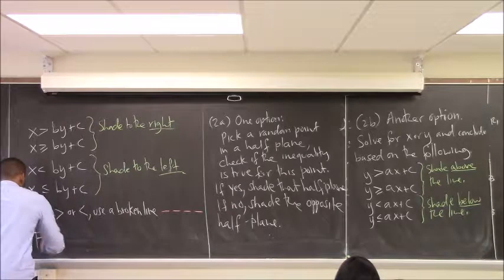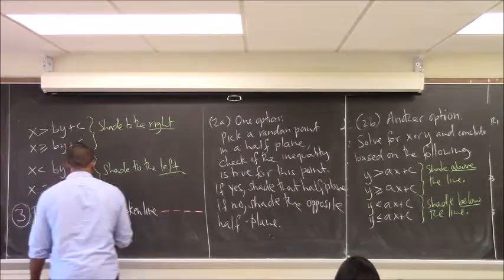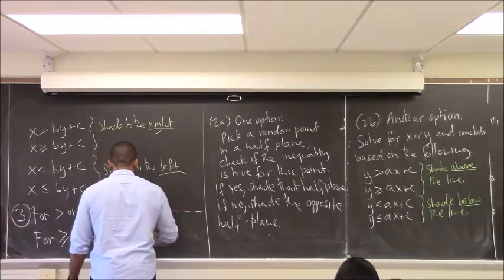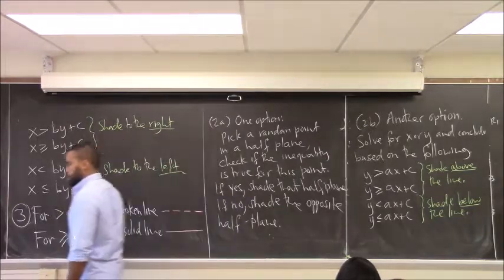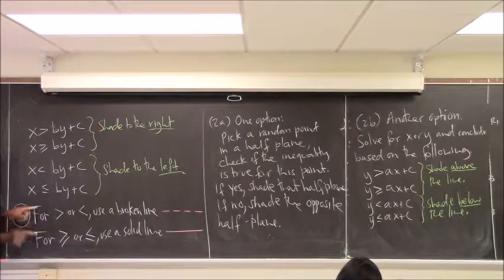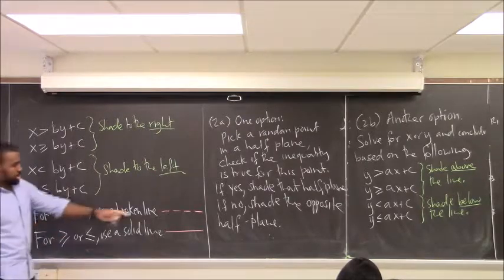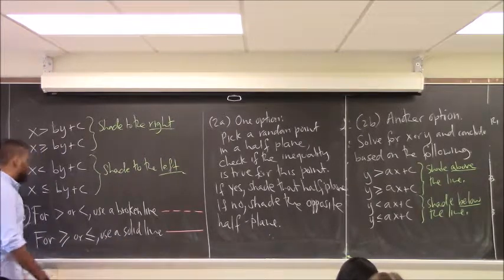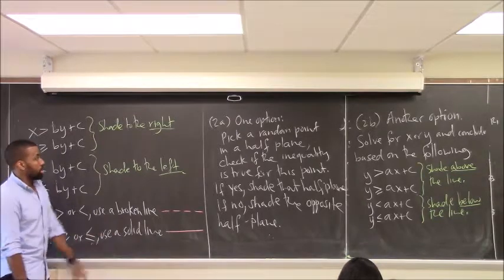And for greater than or equal to, or less than or equal to, use a solid line. So how you draw the line will depend on what kind of inequality you're talking about. Strictly less than something, meaning the boundary is not included, you draw it as a broken line. If the boundary is included because it can actually be equal to the line, you draw a solid line.